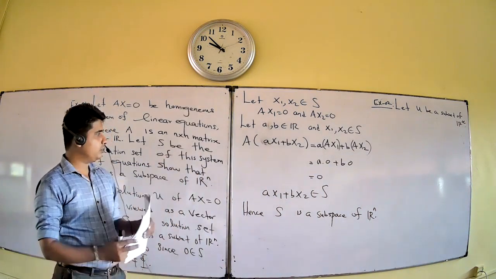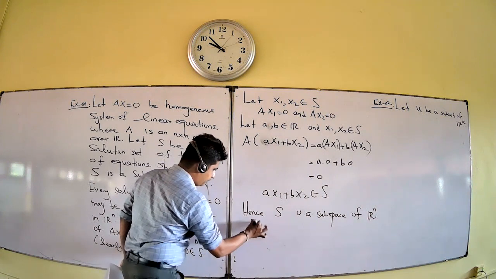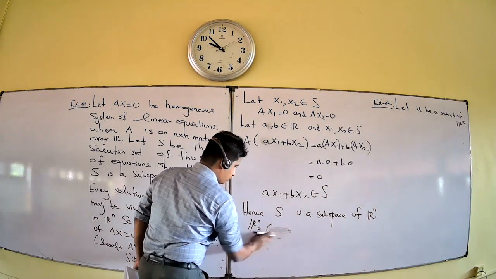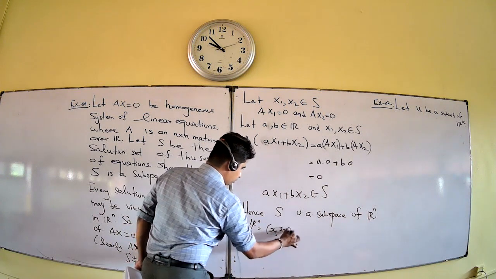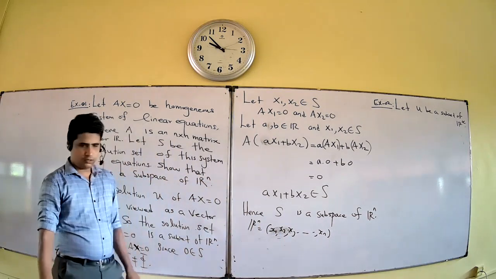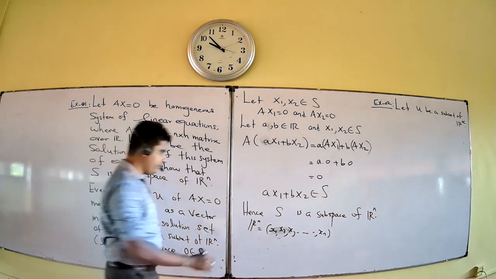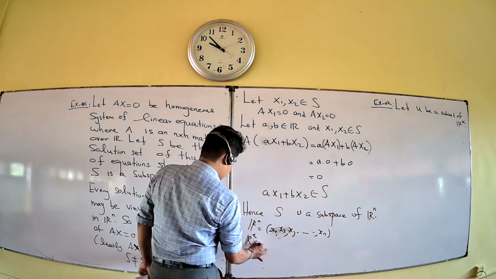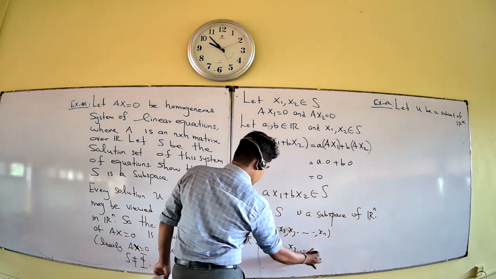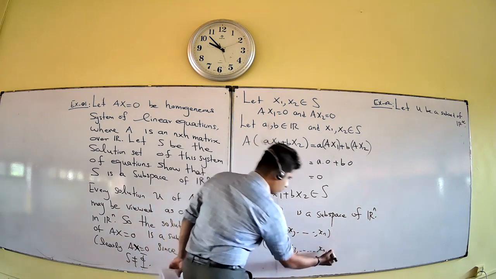Suppose you have Rn, you can write x1, x2, x3 and so on, xn. This is your Rn. Suppose R infinity means here x1, x2, x3 and so on, xn also there and so on.